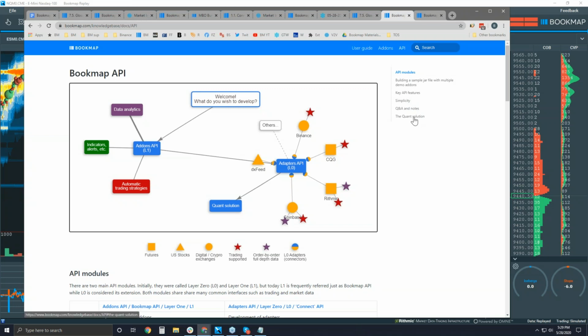We have lots of professional traders already taking advantage of the API. They're developing their own proprietary automated trading strategies as well as indicators.